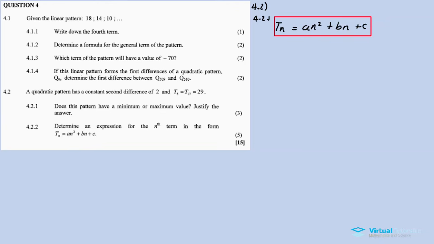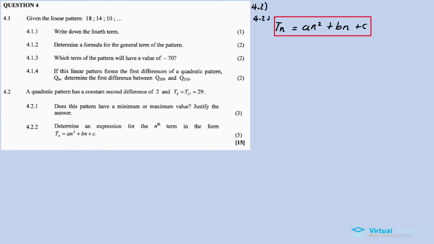And if a is less than 0, or a is negative, we have a maximum value. And if a is greater than 0, we have a minimum value. Now the question is, do we have a minimum or a maximum? We either have a minimum or a maximum.